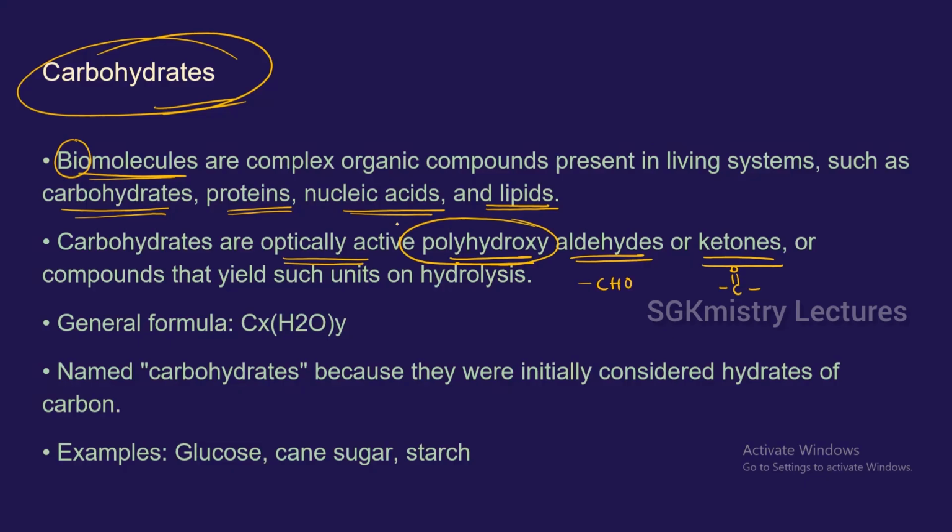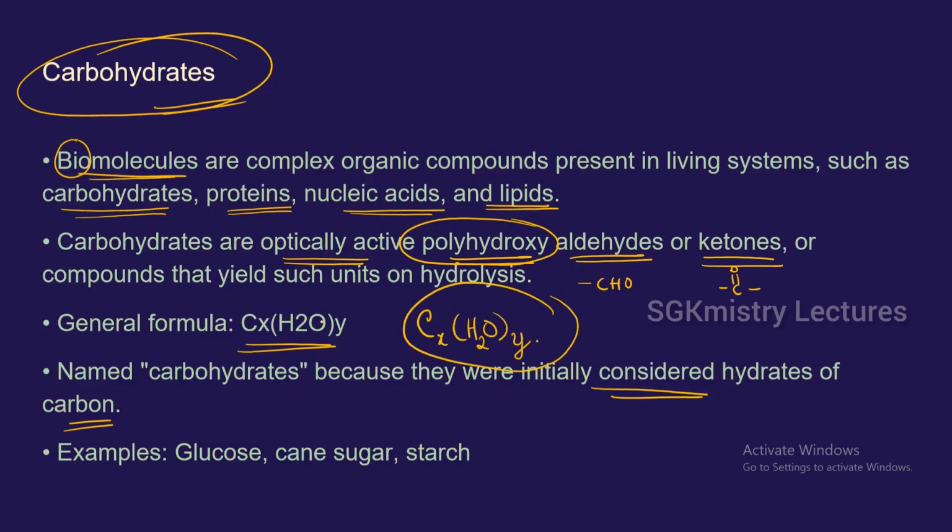That's why we define them as polyhydroxyaldehydes or ketones, or when you subject these compounds to hydrolysis, they yield such units. They have the general formula CxH2Oy. This name carbohydrates was given to this class of compounds because they were initially considered as hydrates.